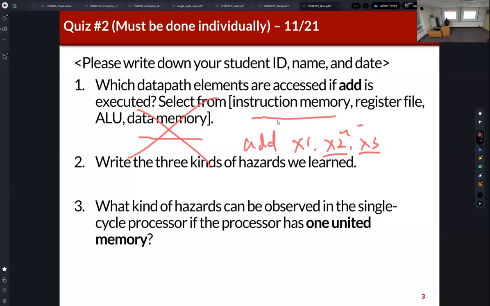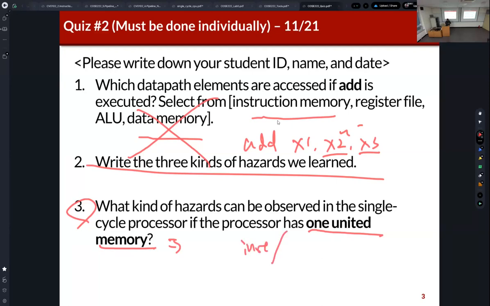And then this is very important, so you need to memorize. Write the three kinds of hazards: structural hazard, data hazard, and control hazard. Then what kind of hazards can be observed if the processor has one united memory?